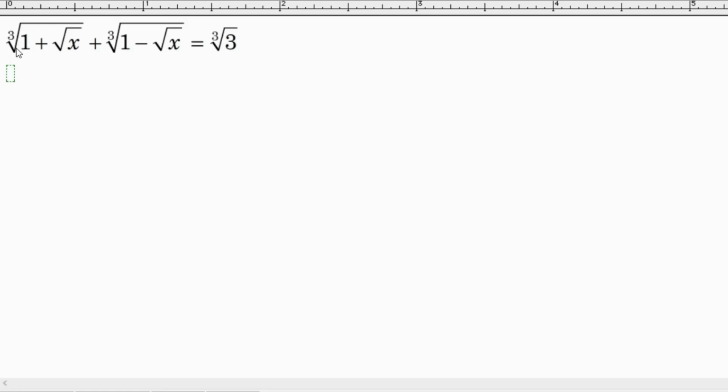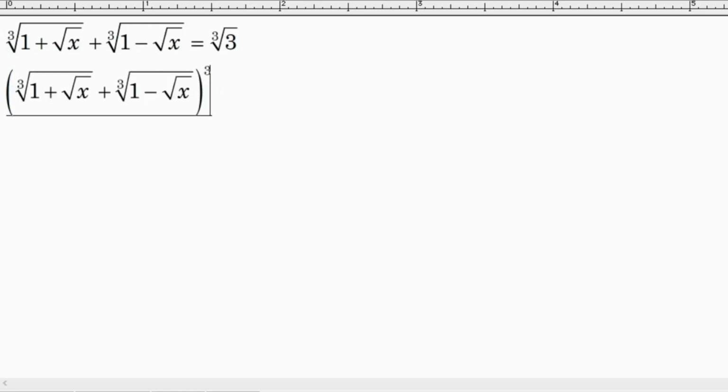So we have to cube both sides of the equation. So what we will get is this side of the equation raised to cube, and this side of the equation also raised to cube.